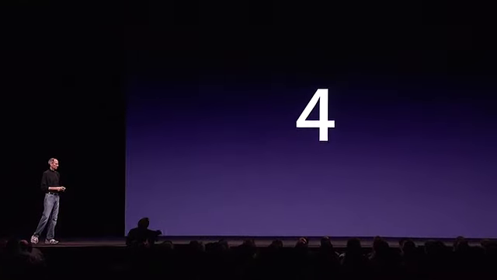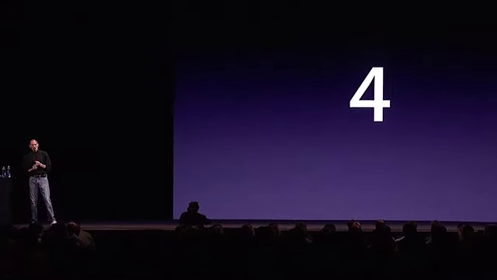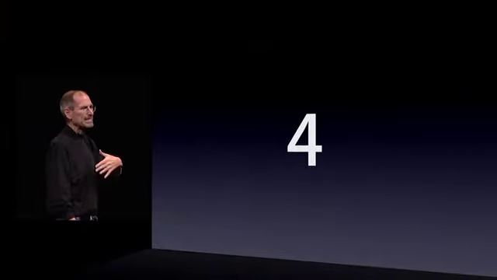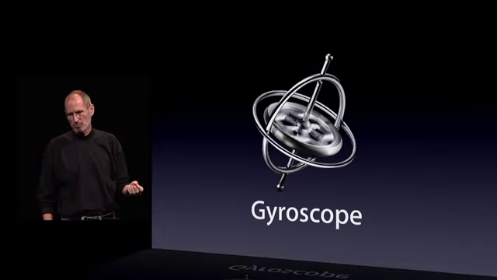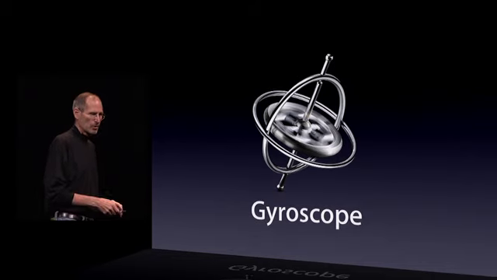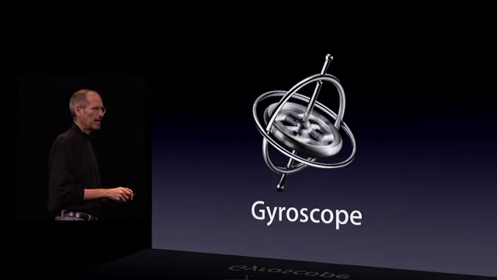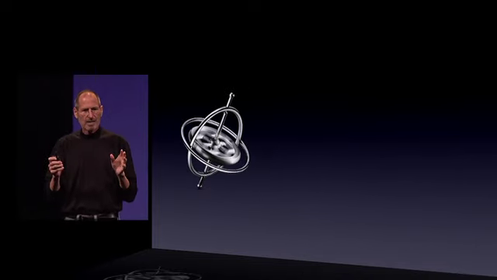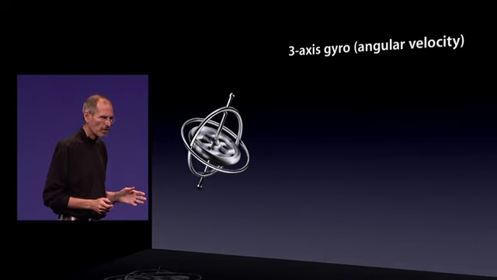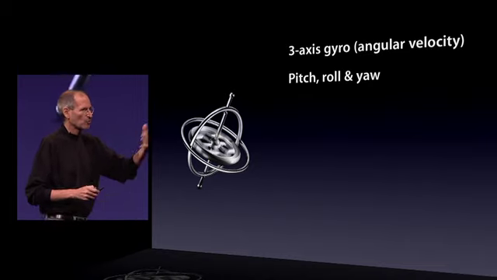Number 4, we've got another really cool piece of hardware. Remember when we added the accelerometer and how that opened up a whole new vista of gaming? Well, we're taking it even further with the iPhone 4 because we're adding a gyroscope. We're adding a 3-axis gyro, which is fantastic. Pitch, roll, and yaw.